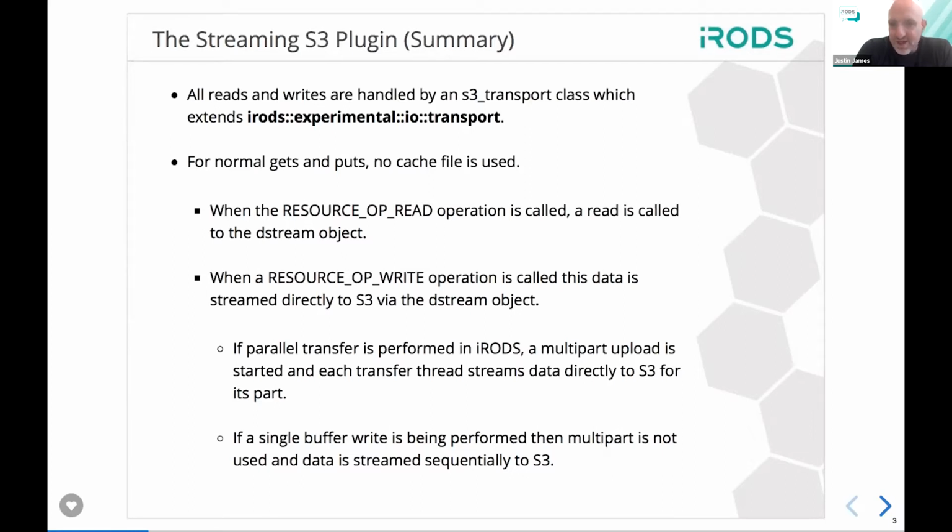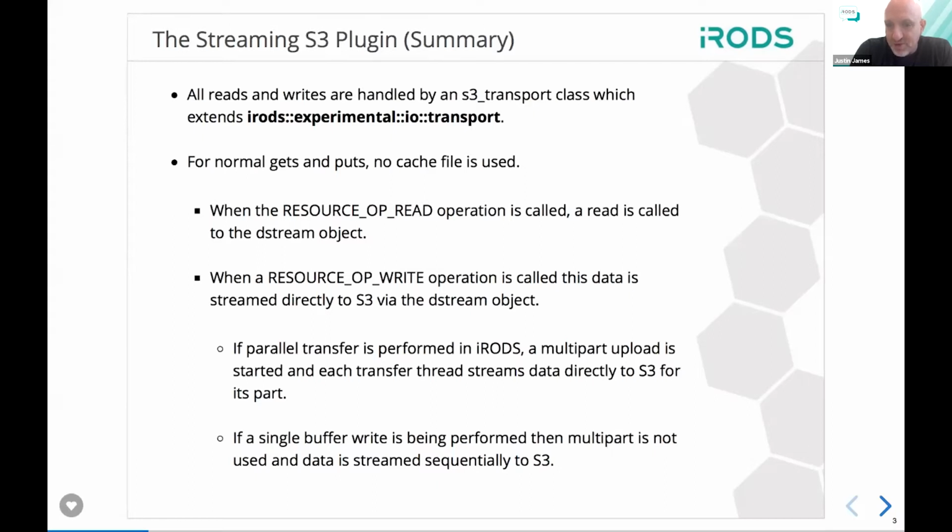So for any normal get or put, no cache file will be used. When the iRODS S3 plugin gets a request for a read, for example, it will go directly to S3 and stream the data back. When the plugin gets a write request, if the file is large enough to do a parallel transfer, then it will begin streaming.